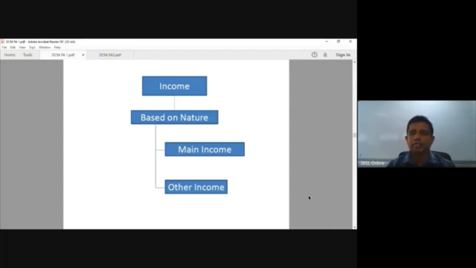In the insurance industry, the main income would be the premiums that they receive from life or general policies. The other income may be interest income. In a normal business organization, the main income is sales. Other income would be rent income, interest income, likewise.